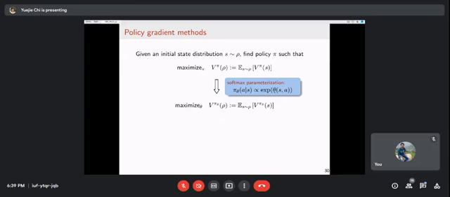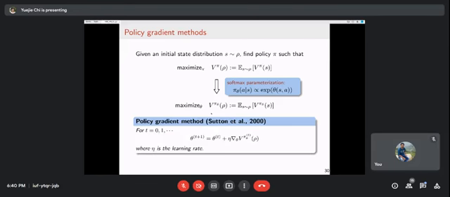And now we arrive at a very convenient form for optimization. What the policy gradient method does is optimize the parameter theta along the gradient ascent direction of the value function using some learning rate eta. So this is a very simple first-order optimization method that will come to mind.